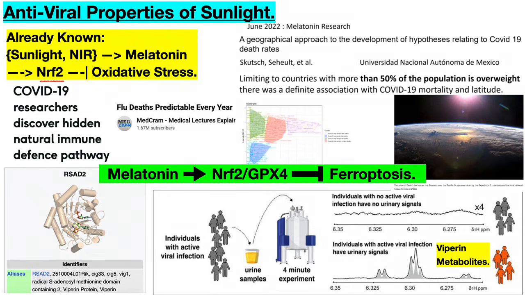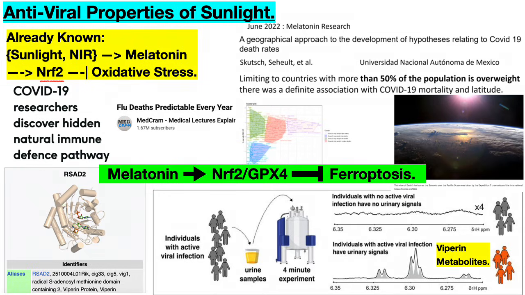They're discussing a paper that was published in June 2022, Melatonin Research, a geographical approach to the development of hypotheses relating to COVID-19 death rates, by Scooch, Schwelt et al. Their analysis was limited to countries with more than 50% of the population being overweight.